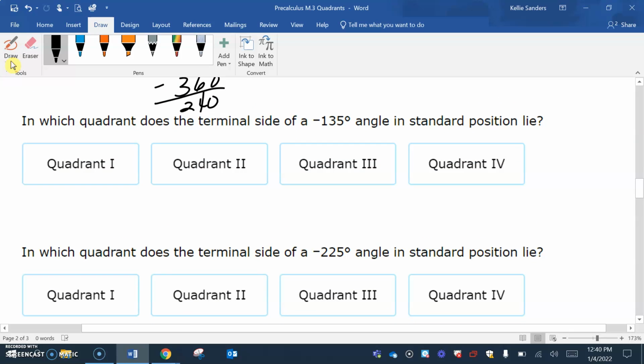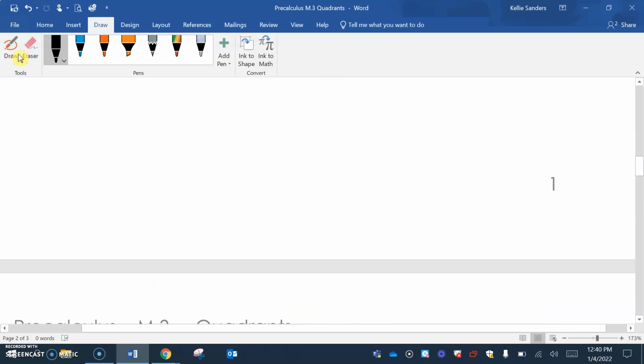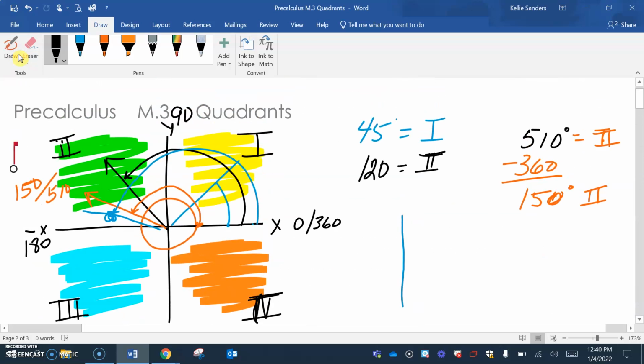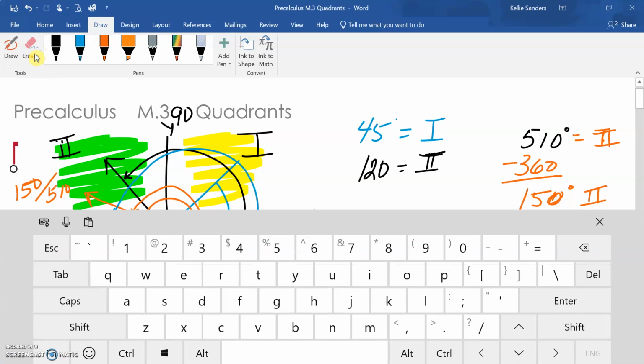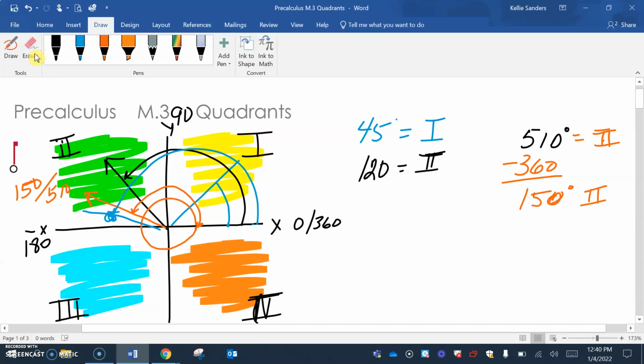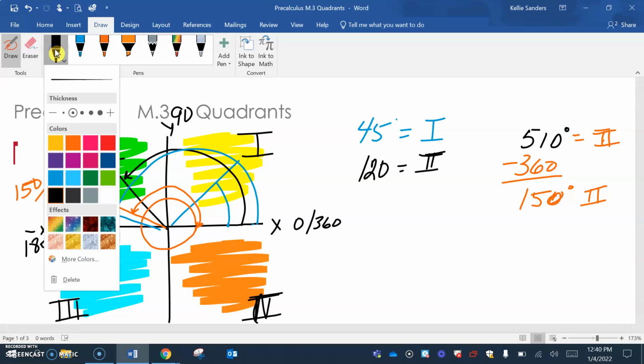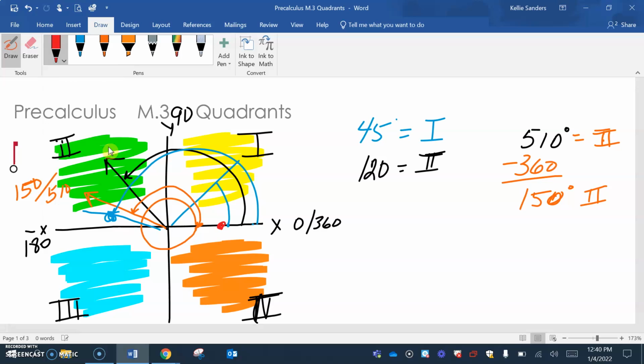Negative 135, what does that mean? So let's go back up. So negative 135 means we're still starting at positive x, but instead of going counterclockwise, we're going to go clockwise.